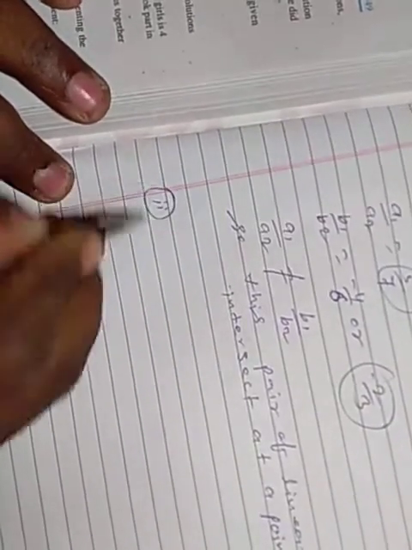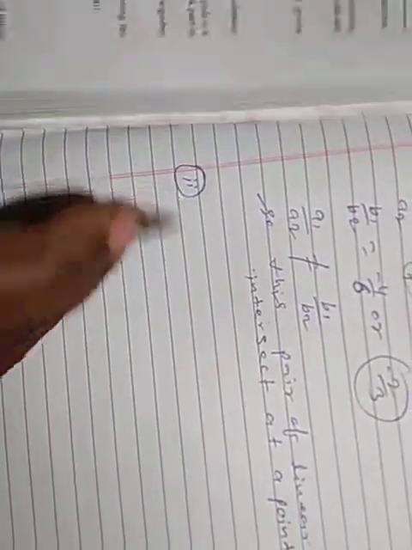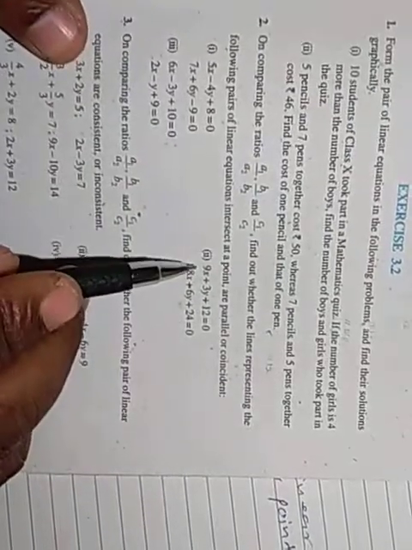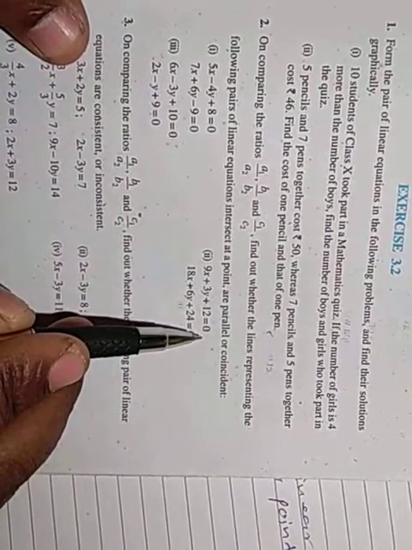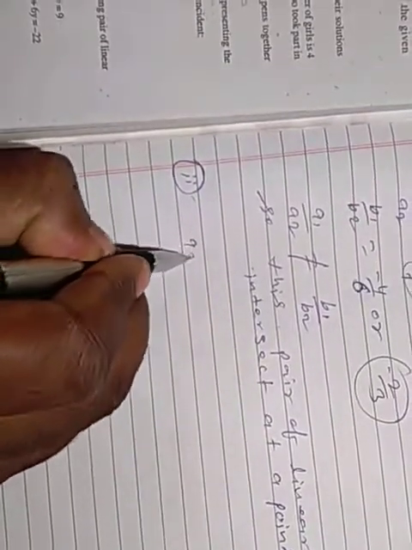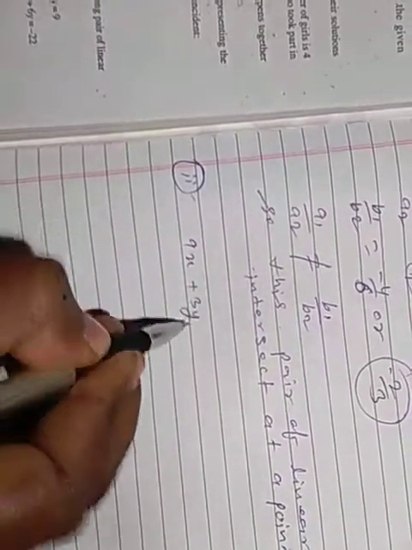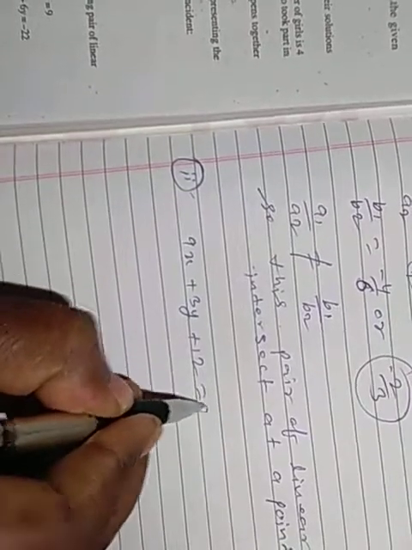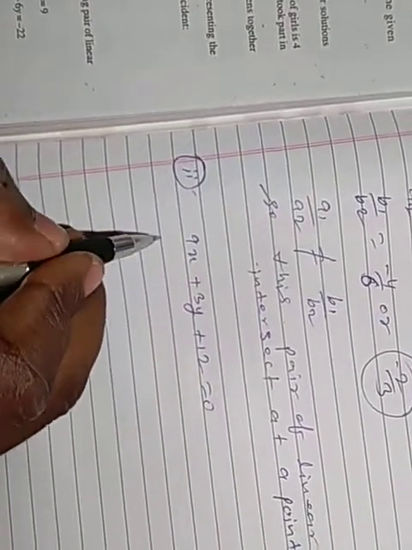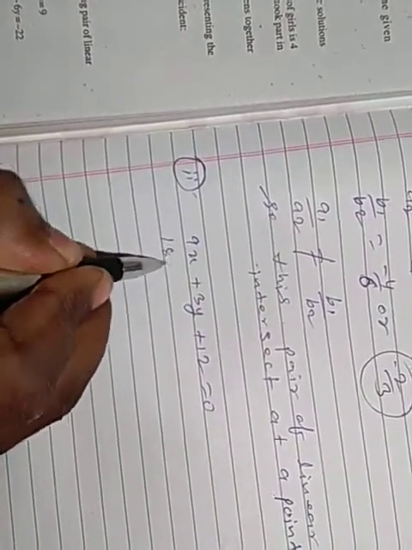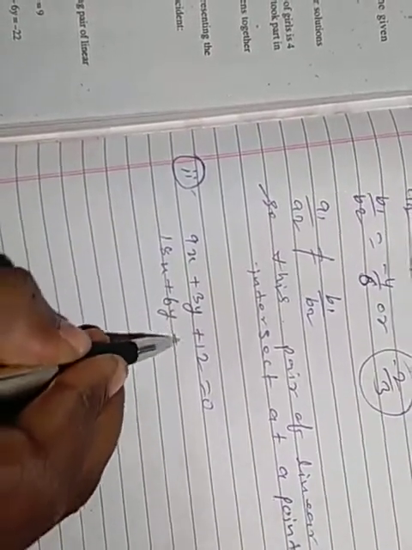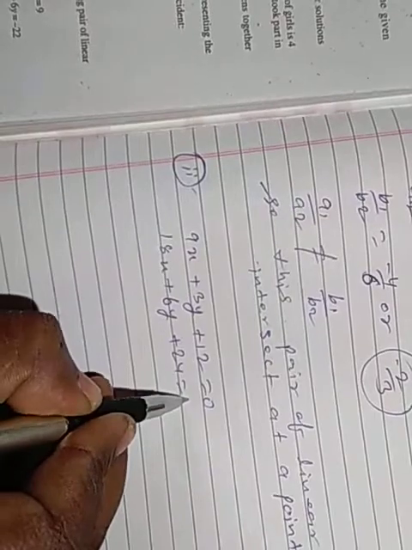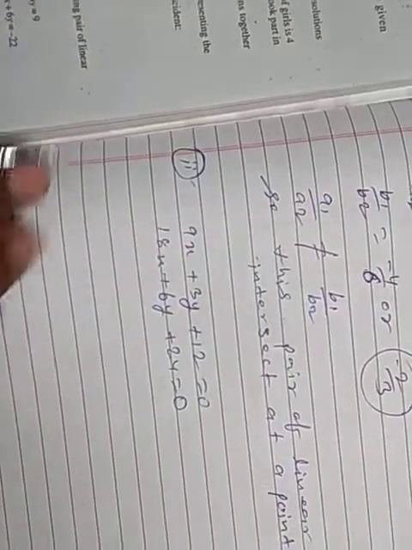Question number 2. Here 9x plus 3y plus 12 is equal to 0. This is the equation first. 18x plus 6y plus 24 is equal to 0. This is the equation second.